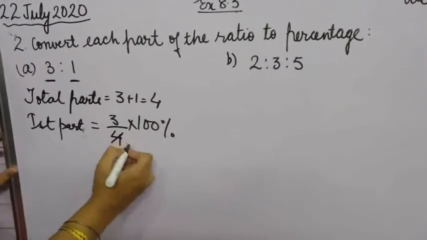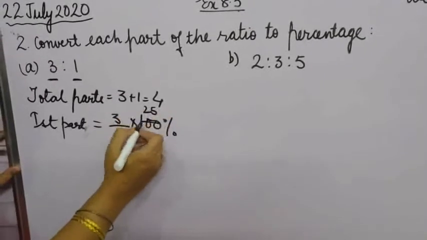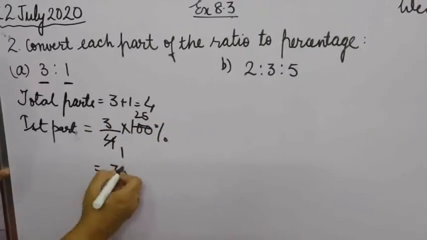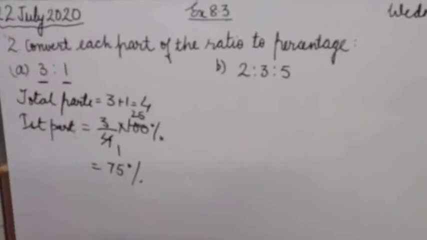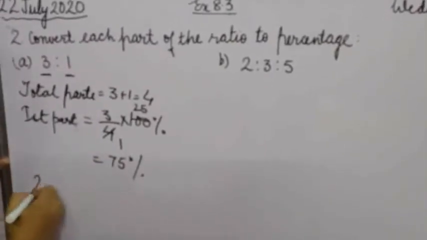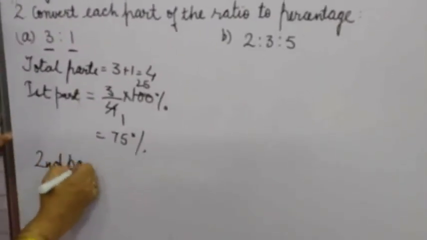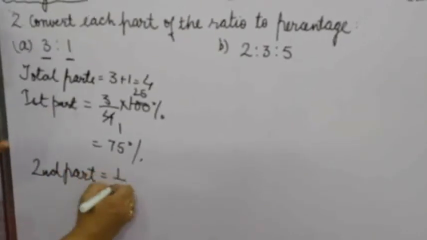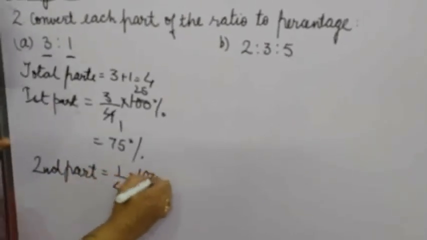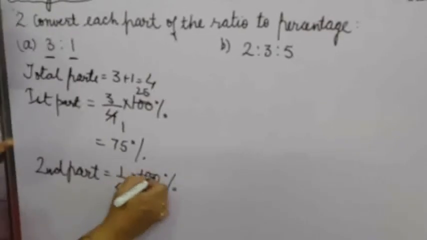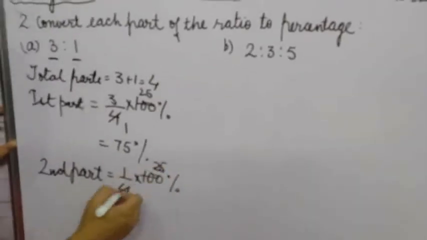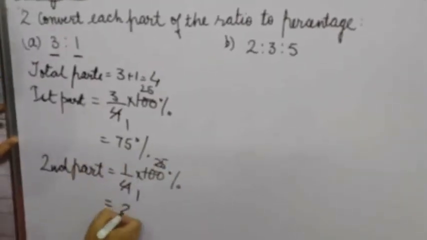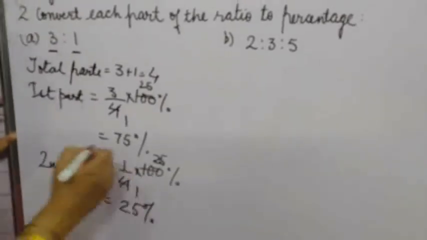Now 4 ones are 4, 25s are, so 25 into 3 is 75%. And the second part was 1 out of 4, so it is 1 upon 4 into 100%. Again, dividing 100 by 4, it comes out to be 25, so it becomes 25%.